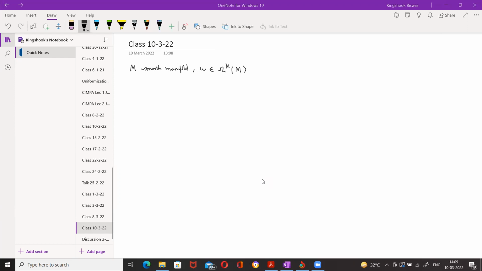So phi equal to x1 to xn from U in M to V in R^n is a chart.